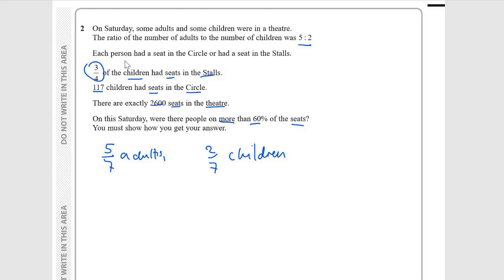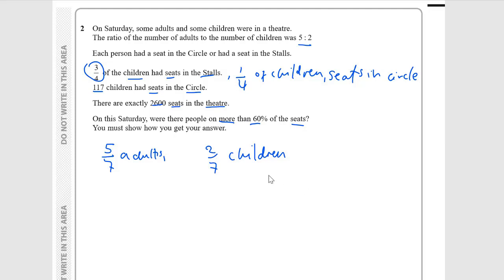And we know that if 3 out of 4 of the children had seats in the stalls, then 1 out of 4, so a quarter of children, had seats in the circle.